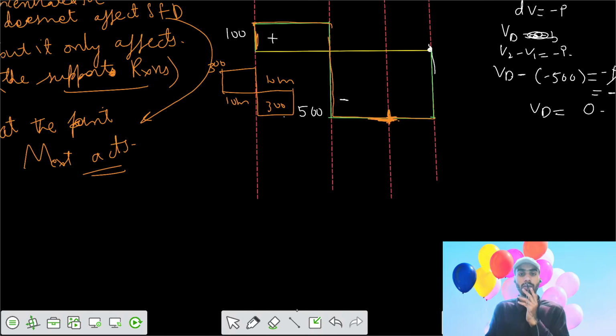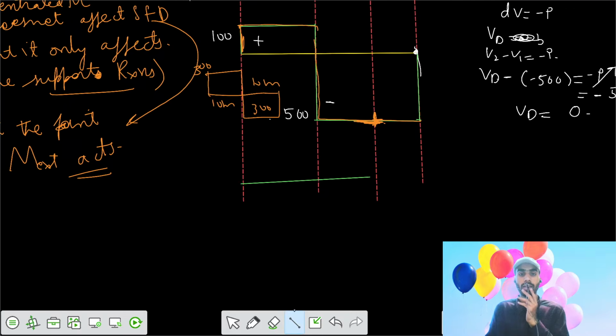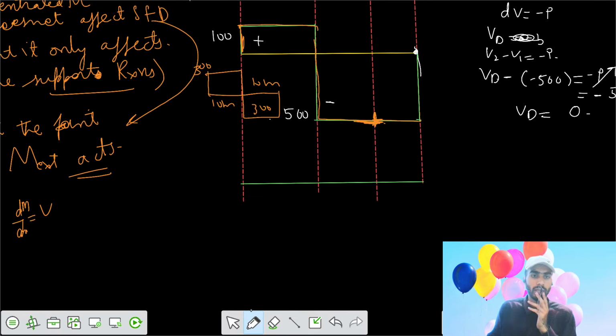Let's say this one is your reference line. We know that when we derived the equations, we got dM by dx equals V, or in other words, M2 minus M1 equals the area of the SFD between the 2 points.